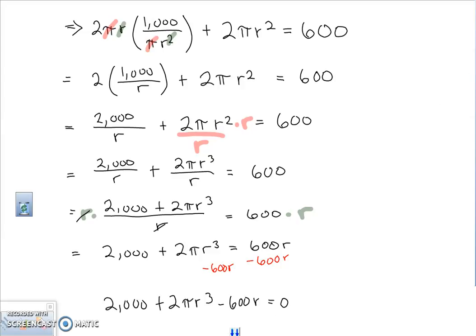From this point, what you would do is solve for r, but this is kind of hard to solve without a calculator.